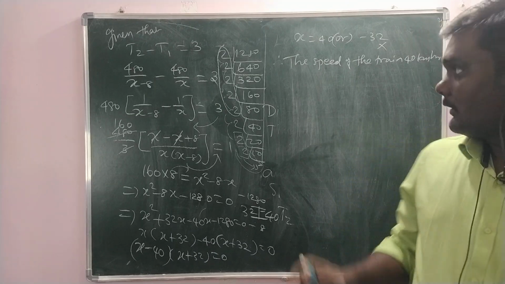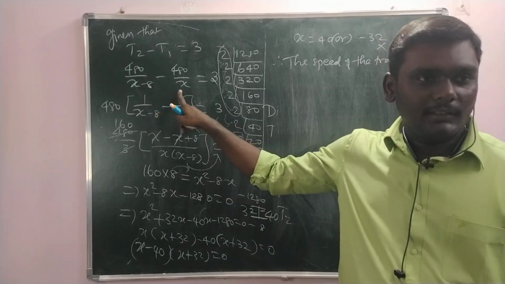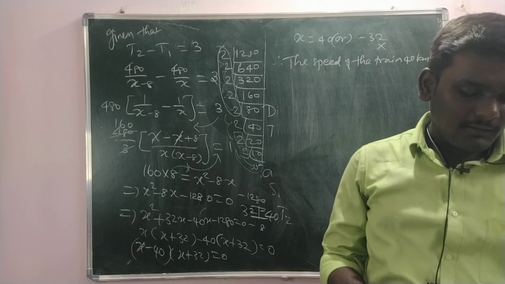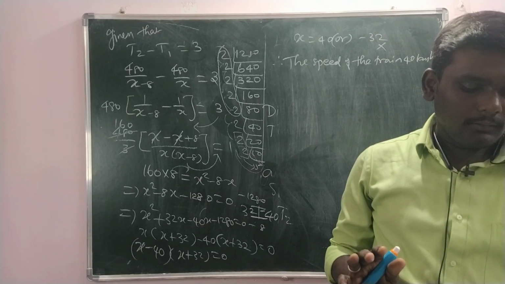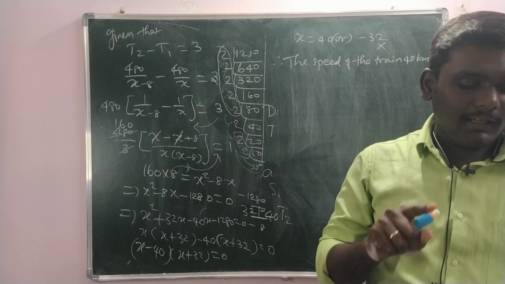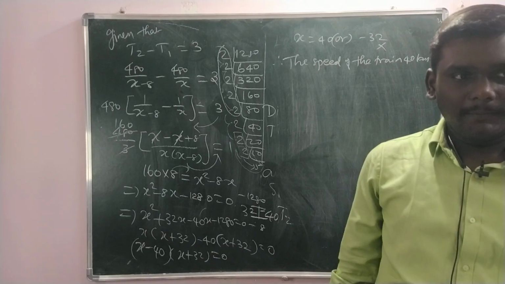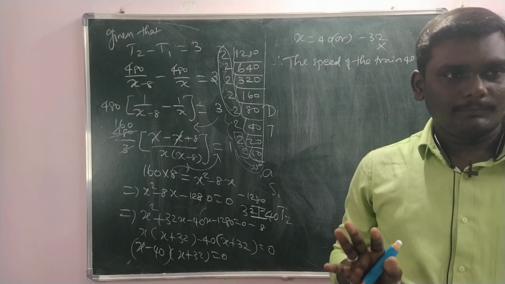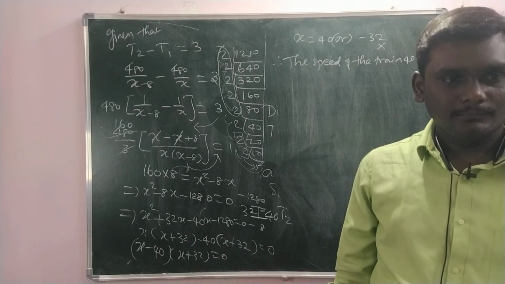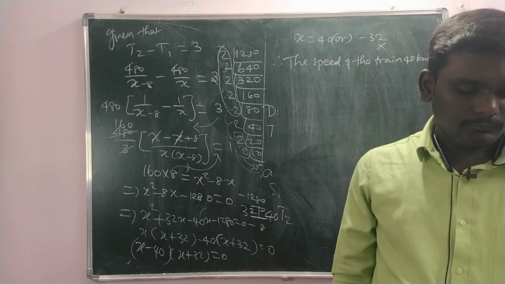Okay. So here, express train, passenger train. The express train takes 1 hour less than the passenger train. Which train's speed will be more? Express train speed will be more.